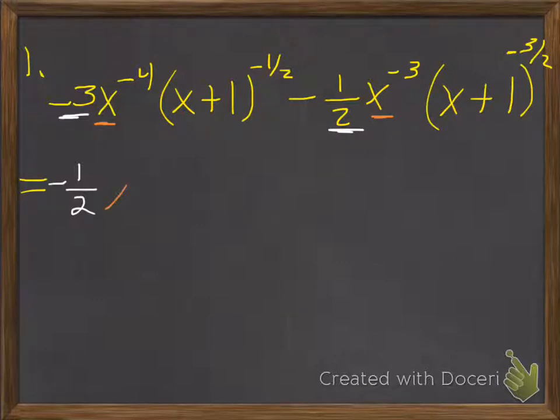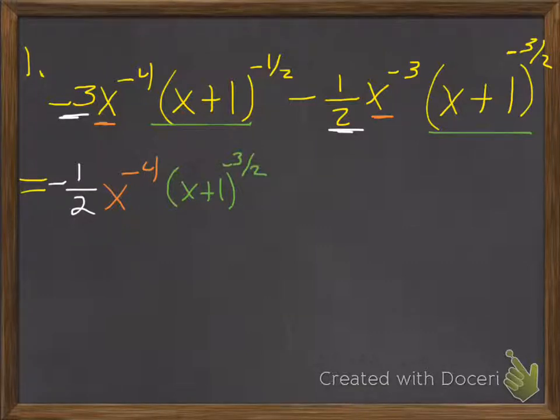Then we're going to look at the x's. Okay, anytime with the x's, we factor out the lowest exponent. So the lowest exponent here is x to the minus 4. So we factor out x to the minus 4. And then the x plus 1's, we're going to factor out the lowest exponent, which is minus 3/2.